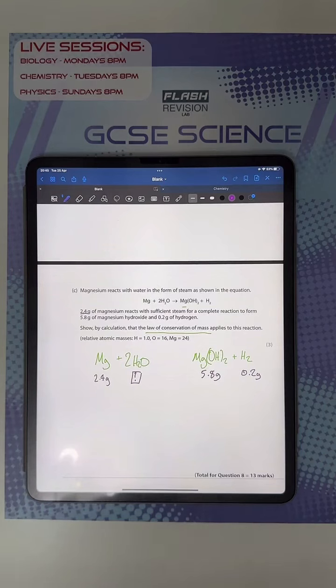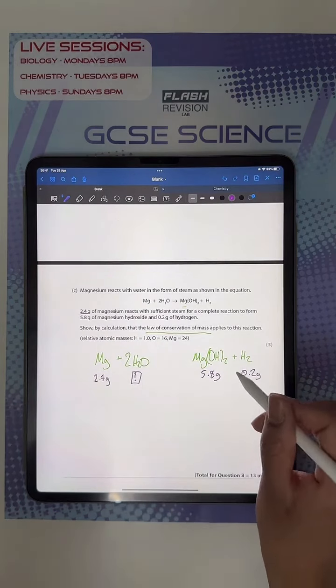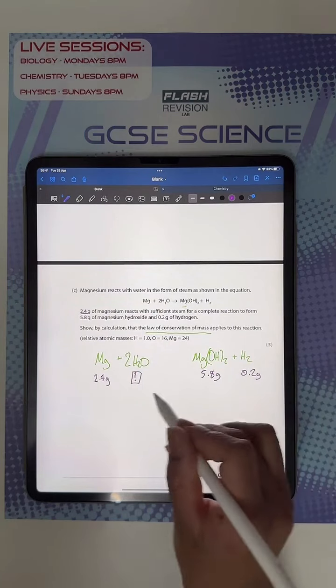How can we go about working this out, guys? We need to work out the mass of that, basically, of the water. So you can't just do 6 minus 2.4 because we know it's 6 because these two are added together to make 6.